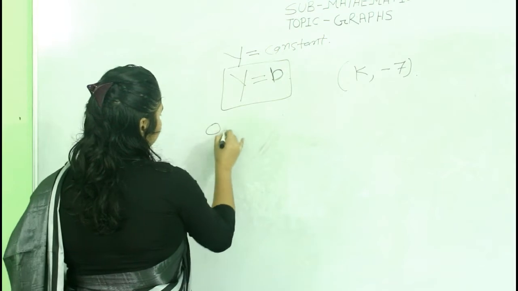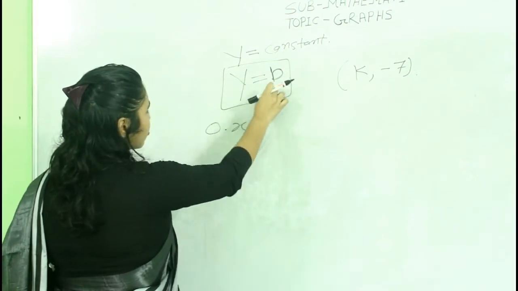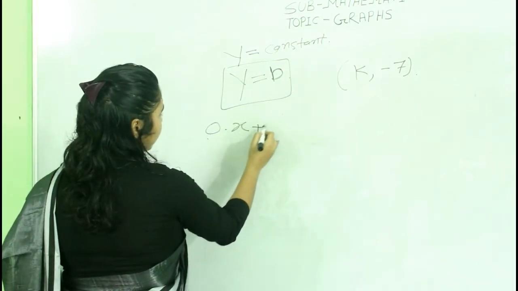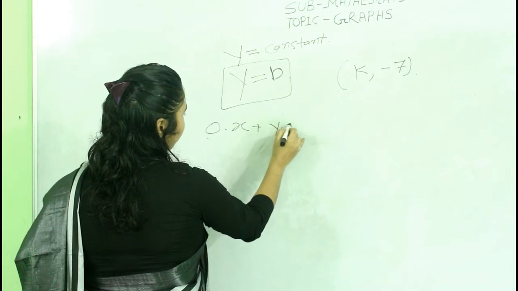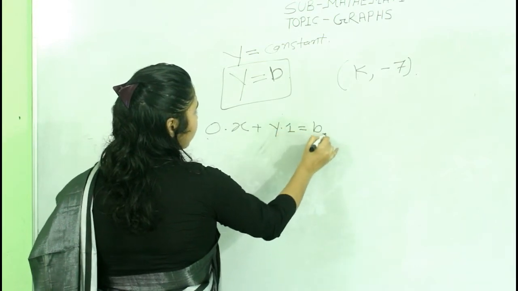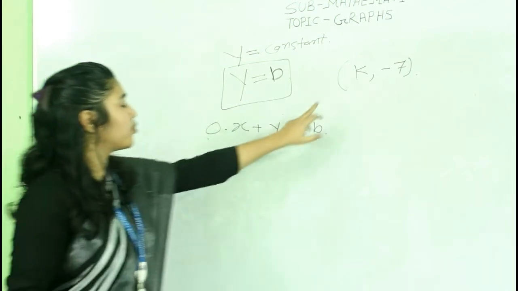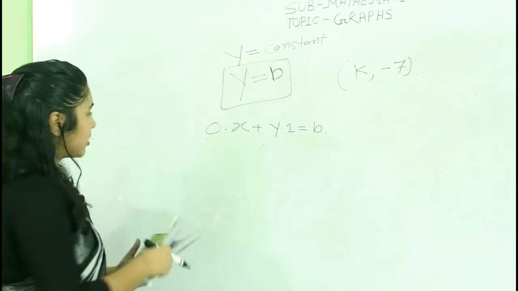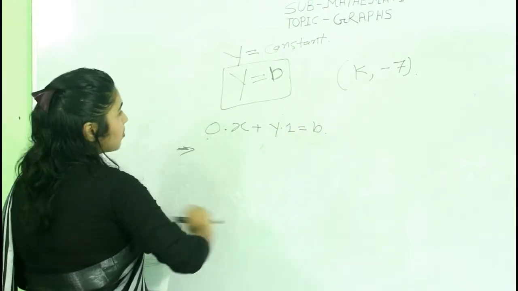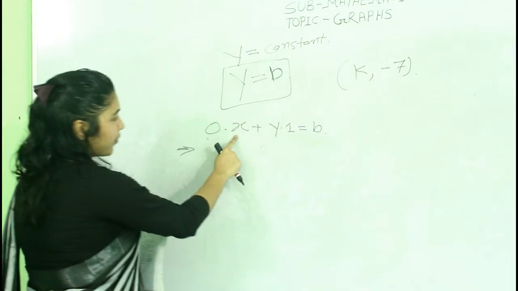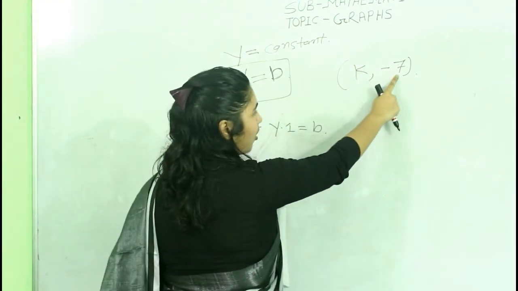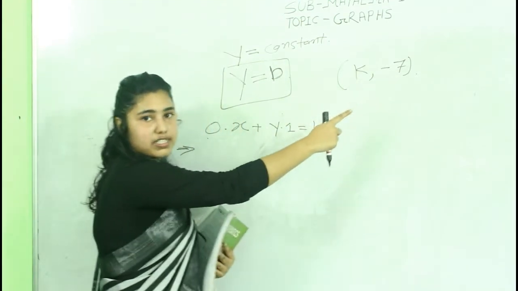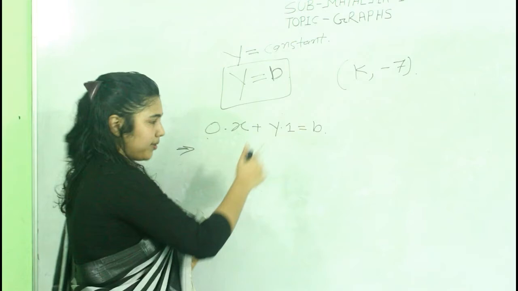Here y equals b means 0 into x plus y into 1 is equal to b. Now this point will satisfy this equation. That means put here k in place of x and the coordinate of y, which is minus 7, in place of y.